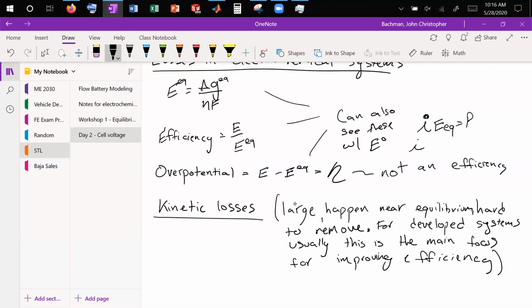So actually I times your overpotential is going to be power turned into heat. Inside your cell somewhere, whatever current you're running at times this overpotential is going to be associated with the heat generation.